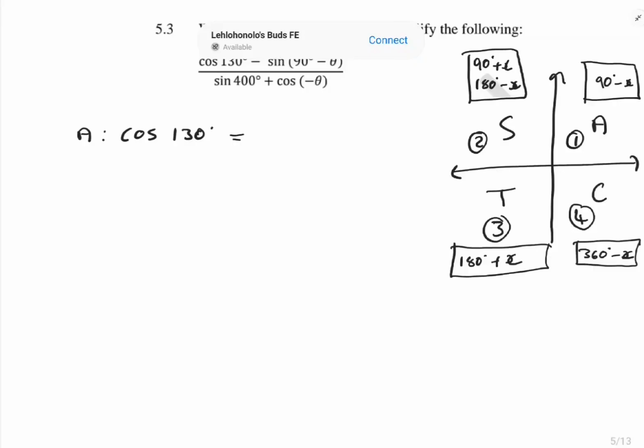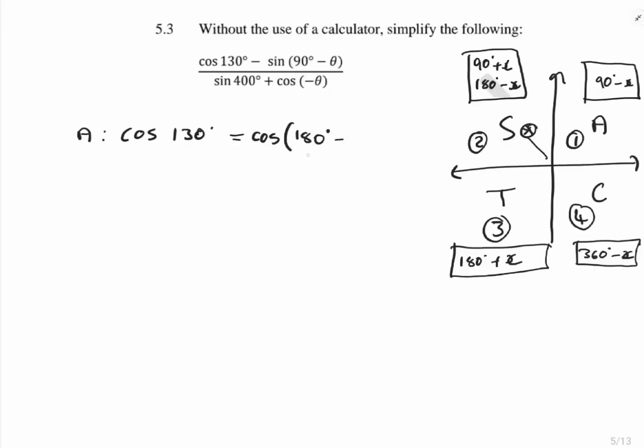Now we are going to focus on how to change this angle into something that looks like 180 minus, or 90 plus, or 180 plus. Since 130 is in this particular quadrant, let's represent 130 in terms of 180 minus x. So cos of 180 degrees minus, what is 130 in terms of 180?